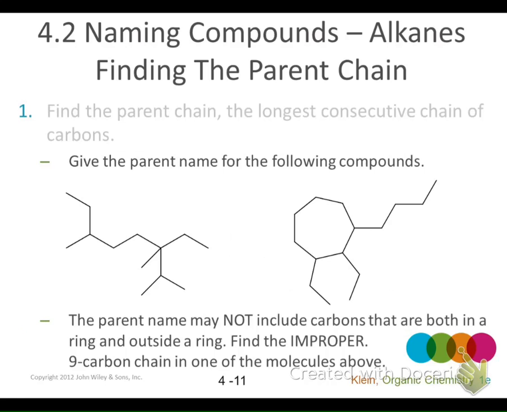How many ways can you get to 8? 3, yeah, right? Because if I'm counting, starting at this end and ending either here, here, or here, it's going to give me 8. So I know the parent, that's the longest chain, is going to be an octane, okay?